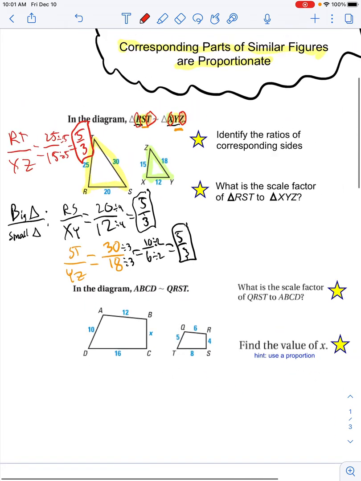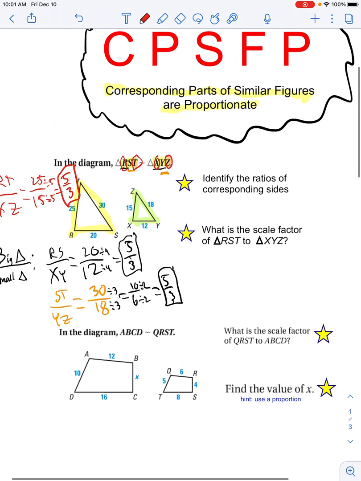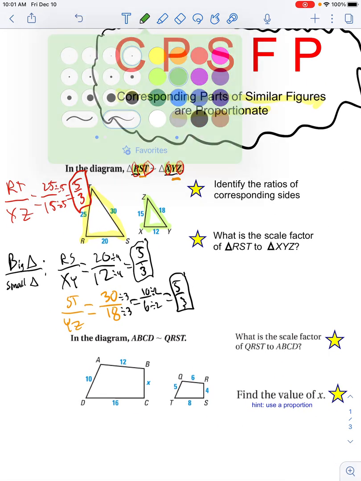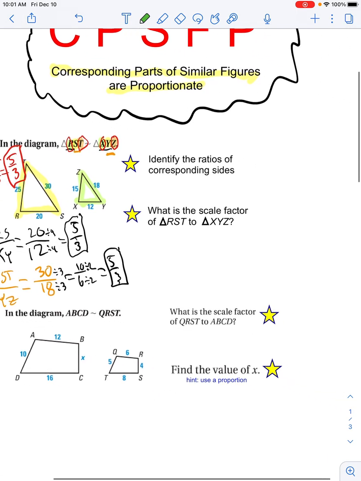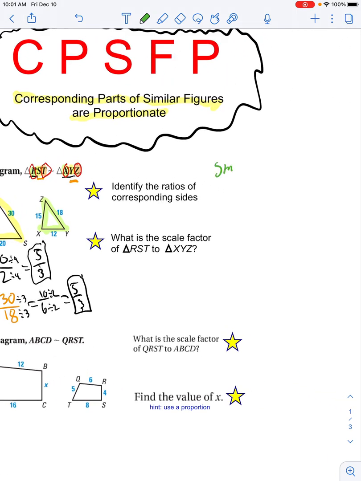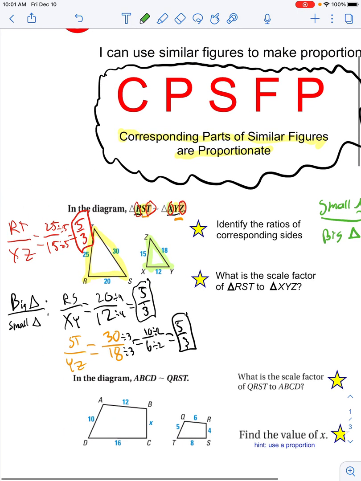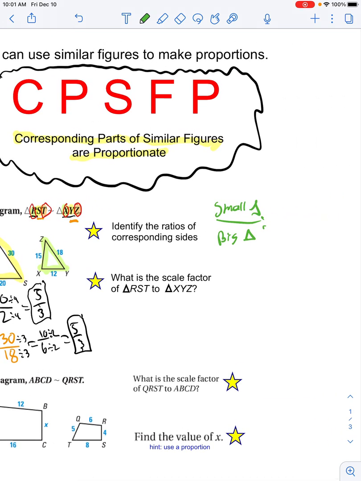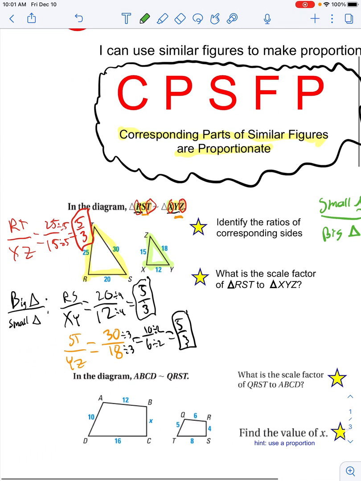Remember, that was with me going big triangle on top, small triangle on the bottom. I could write it as the small triangle on top and the big triangle on the bottom, which, if I flipped all of these, would give me a ratio of 3/5 because I'm flipping my numerator and denominator.